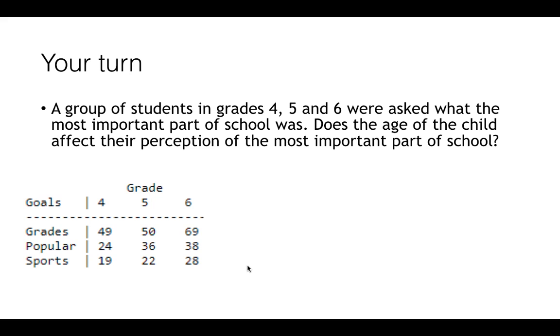So start off, you need to write your null hypothesis and you need to write your alternative hypothesis. Please be very careful with the wording. It must include the words dependent or independent. So if you can't remember, flick back to that bit of the video and remind yourself of which way round it is. Then you need to work through those tables.